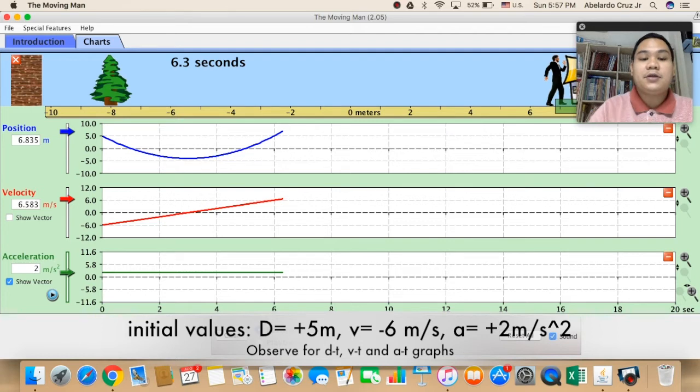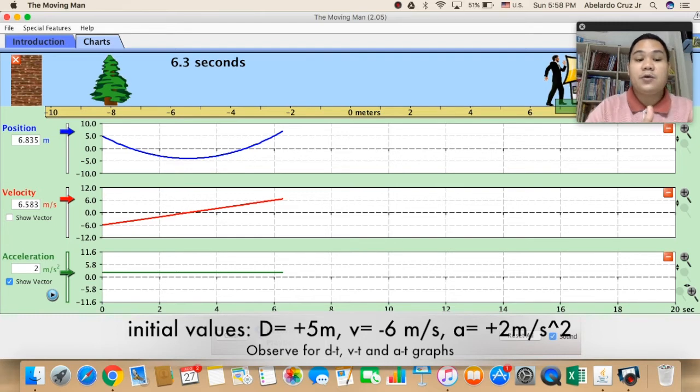So you could notice that the man changed direction. First he's going to the left, he's going on this side, and then afterwards is going on the other side. So take note of this position time graph, velocity time graph, and acceleration time graph.